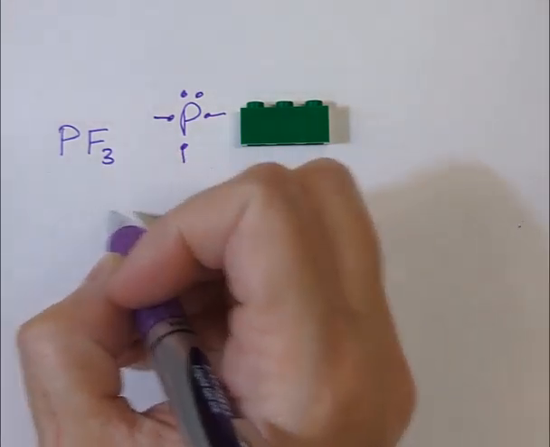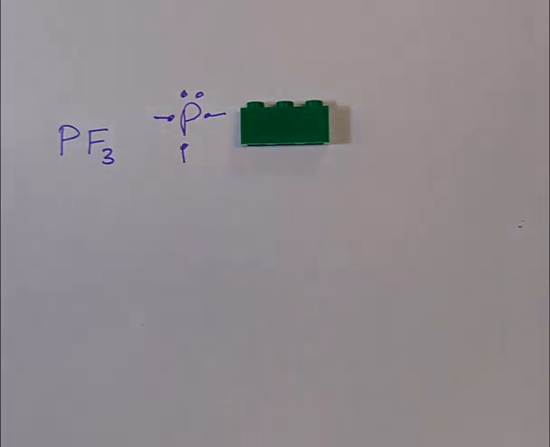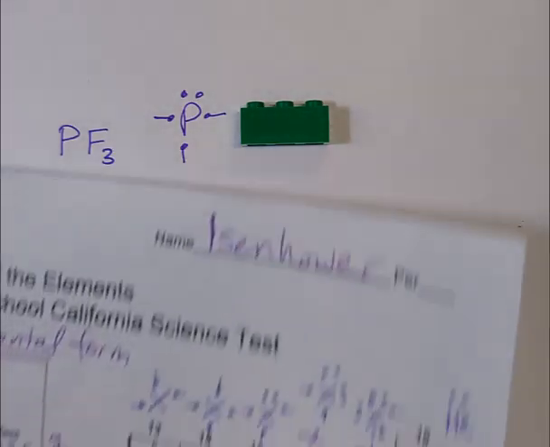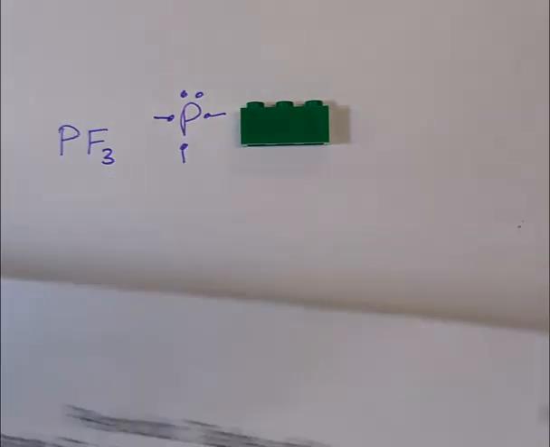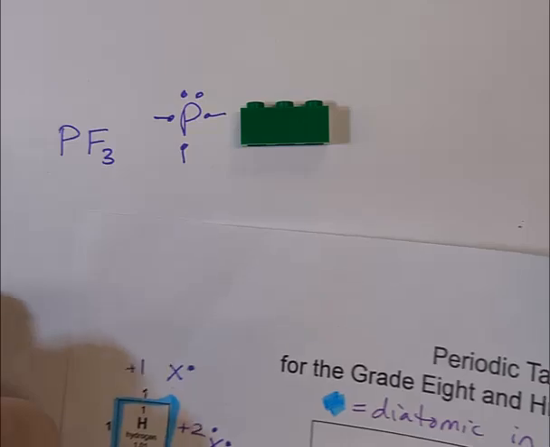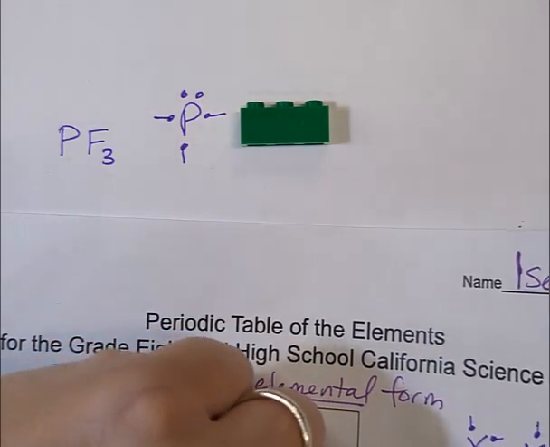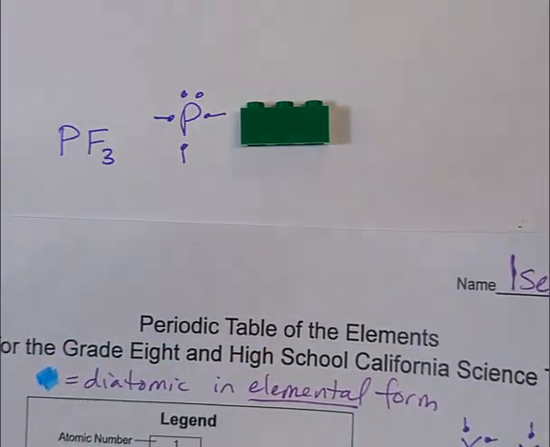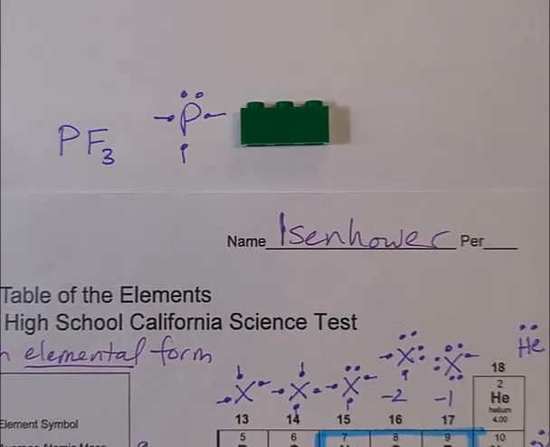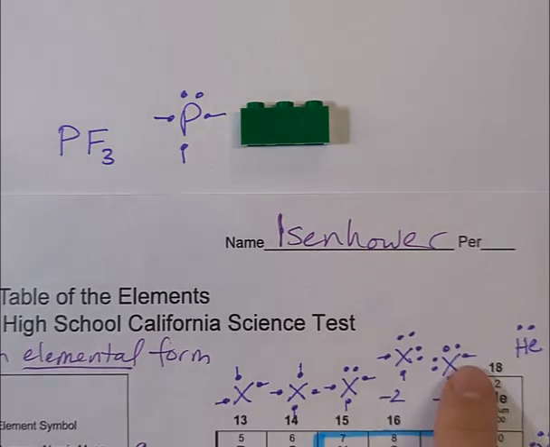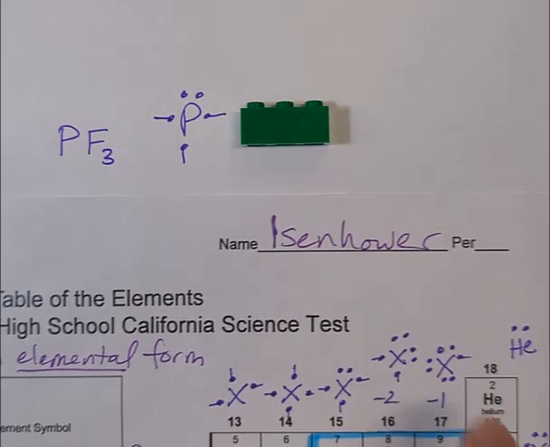Now, fluorine, if we look at our periodic table, fluorine is over here, it's a halogen. And so if we count from the left, it has 1, 2, 3, 4, 5, 6, 7 valence electrons. Or if you remembered the octet rule, if you start with 8 at the end, so we count backwards, it's 7, that means there's just 1 unpaired electron and 3 pairs of electrons.